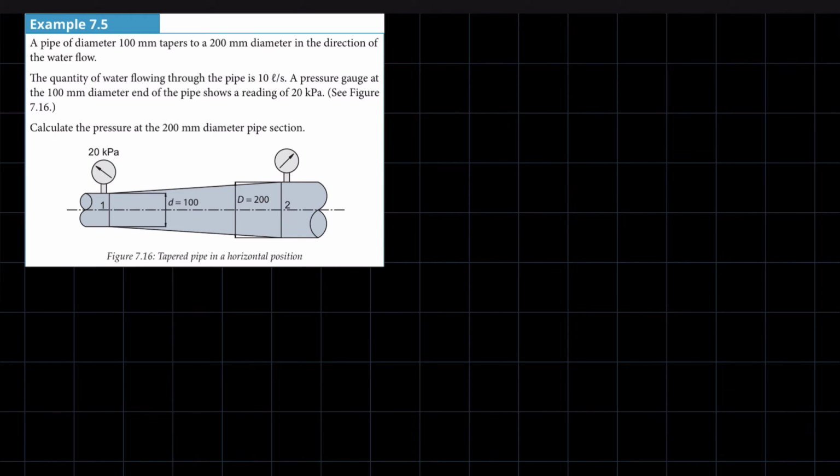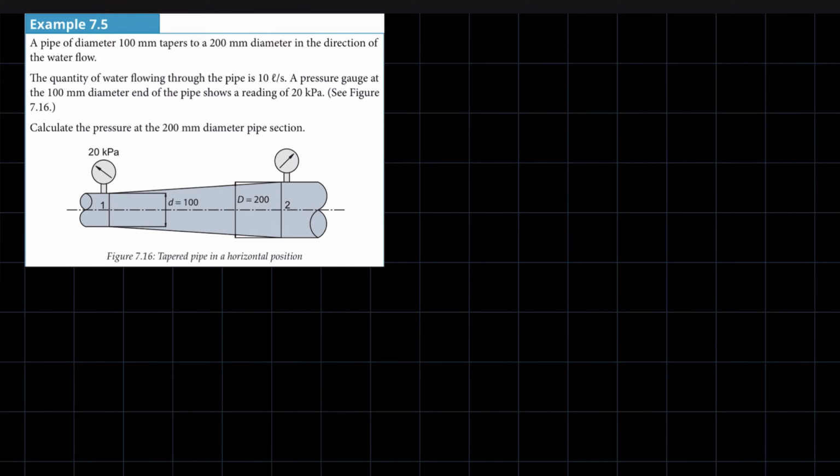And then we also look at the application of Bernoulli's where we consider losses and look at problems from the perspective of the Darcy and Chezy formula.